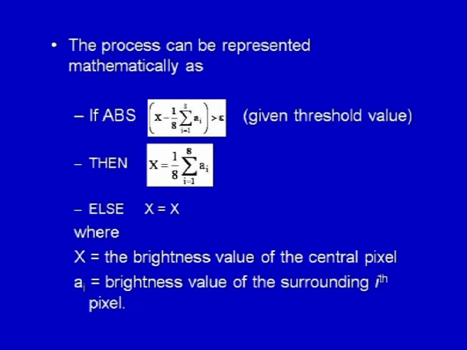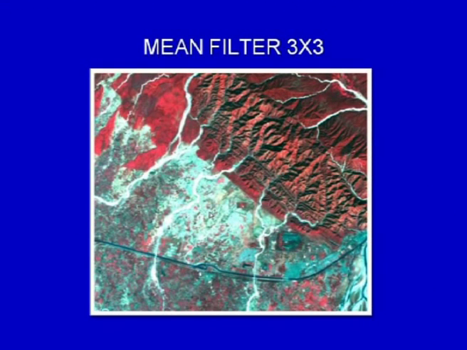If this condition is not true, which means that the value of x does not vary too much, then it is left to have the same value, that is x is equal to x. This slide shows the output after applying the mean filter of 3 by 3. Well, if we recall, the image appears to be very much similar to that of a low pass filter of 3 by 3.